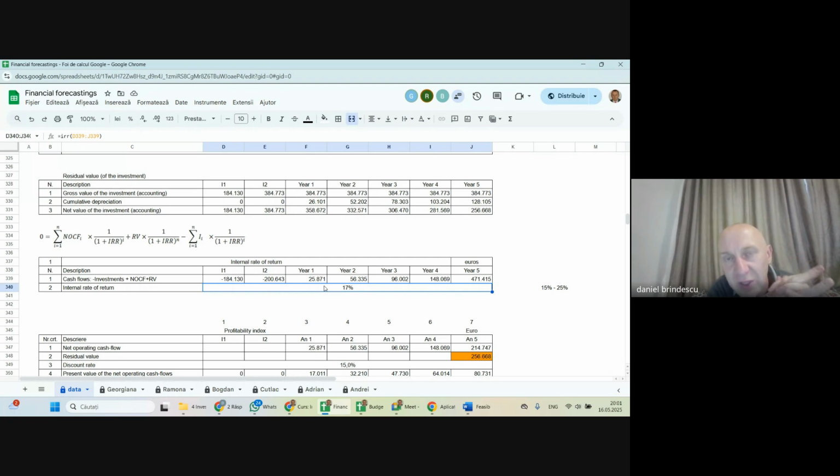Normally, in about 10 iterations, it should be able to estimate it. It can do, in the end, in fact, a total number of 20 iterations. But normally, if the internal rate of return is within normal, common limits, it will estimate it immediately.